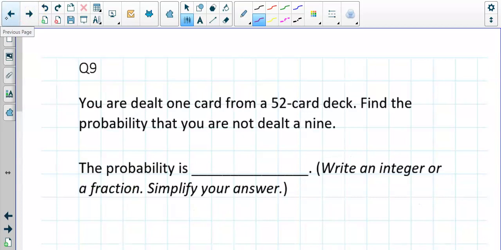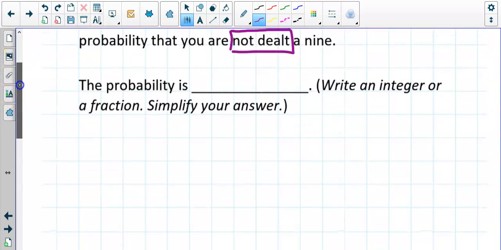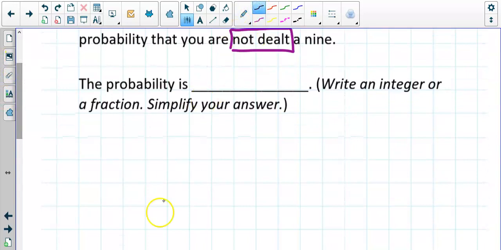All right. So it says you are dealt 1 card from a 52 card deck. Find the probability that you are not dealt a 9. So there are 2 ways to think about this. So 1, in class, we talked about a complement.